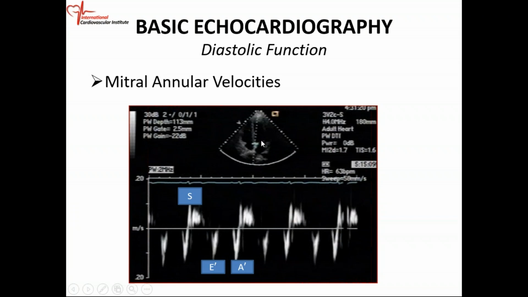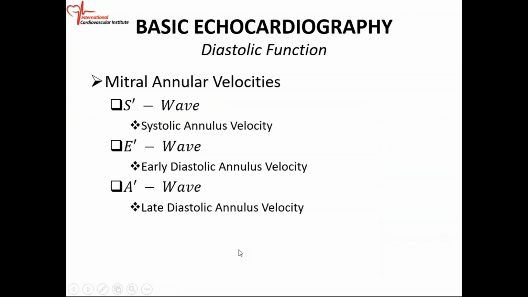So with your tissue Doppler imaging, you can call it S prime, E prime, and A prime. With your mitral annular velocities, the S prime is your systolic annulus velocity, how fast the annulus is moving upwards, and that usually has a certain amount of velocity.